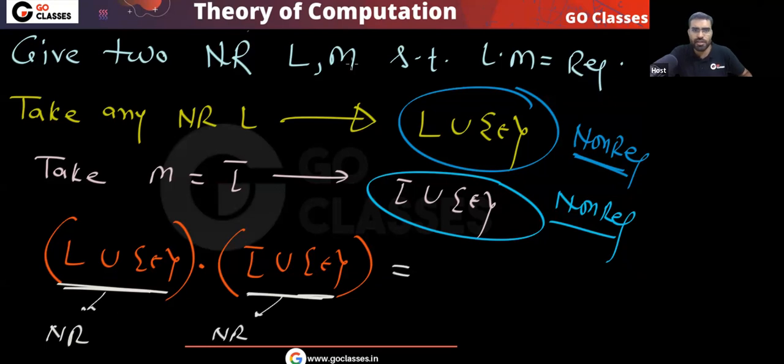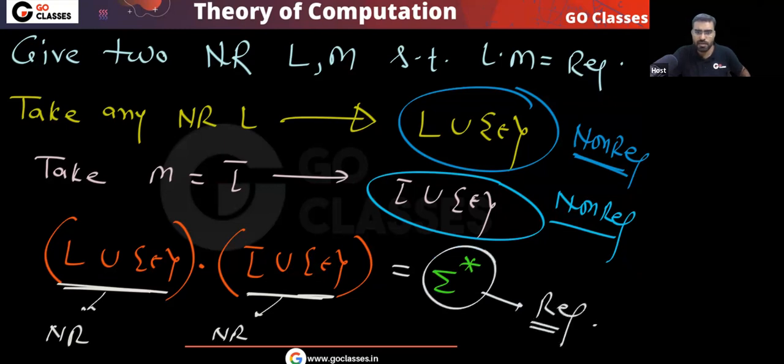What is their concatenation? Their concatenation will be sigma star. Every string you will get, and this is regular. Yes or no? This is quite simple.